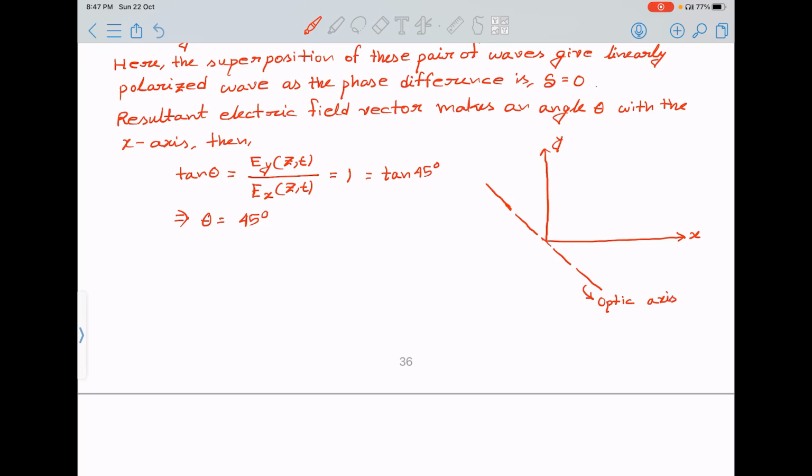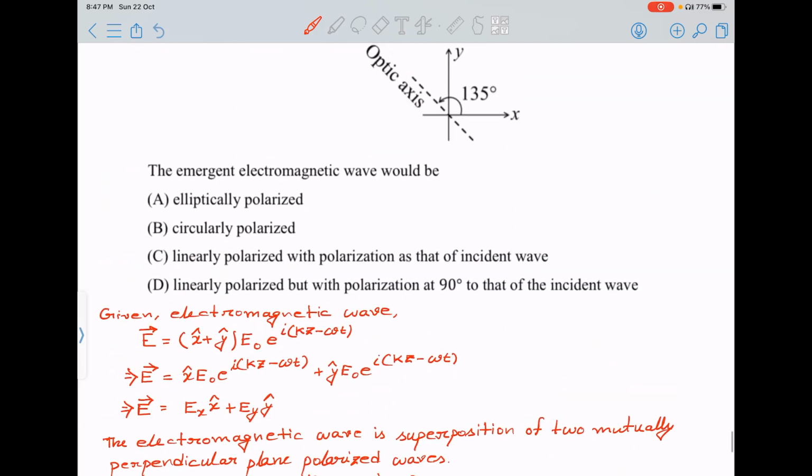Now the optic axis is at an angle of 135 degrees, and that is given.